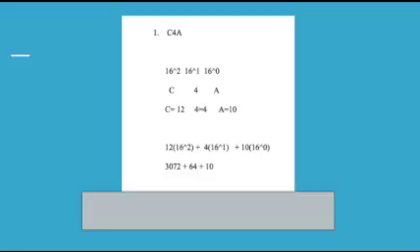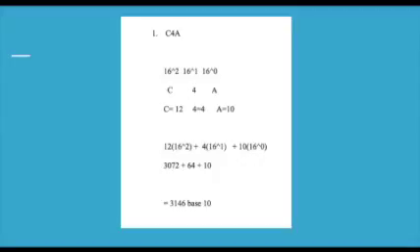Starting from the rightmost, it's 16 to the 0 power, then 16 to the first power, 16 to the second power. It gets greater and greater with each placement to the left. Then it's 10 plus 64 plus 3,072, and it equals 3,146 base 10.